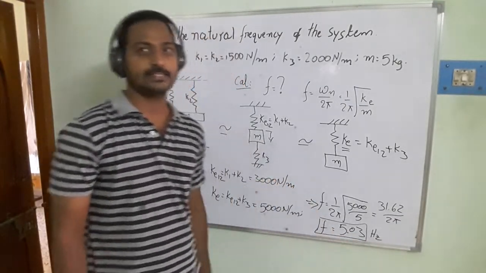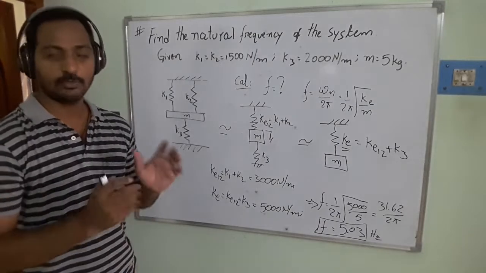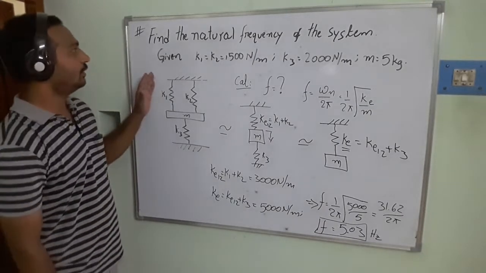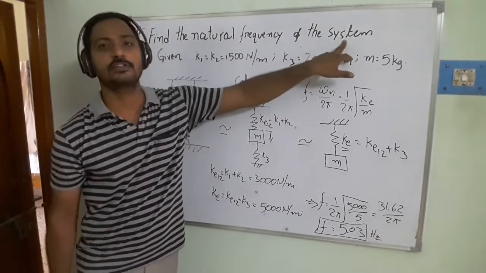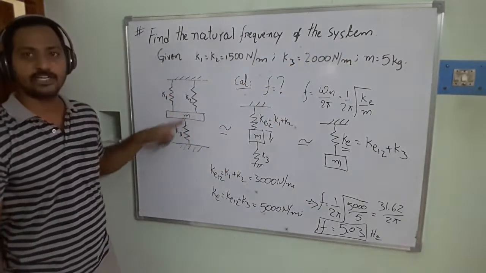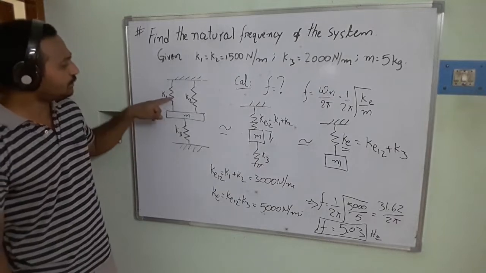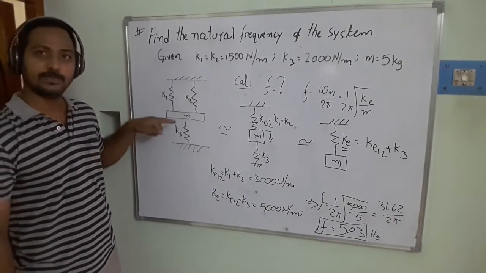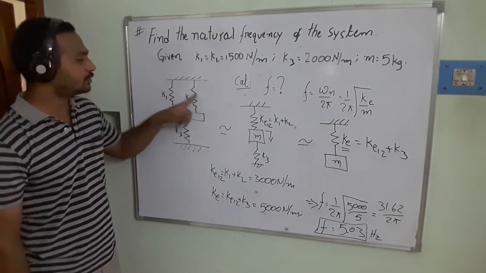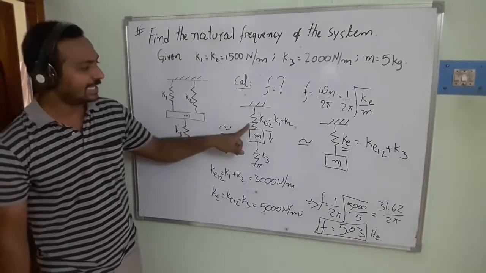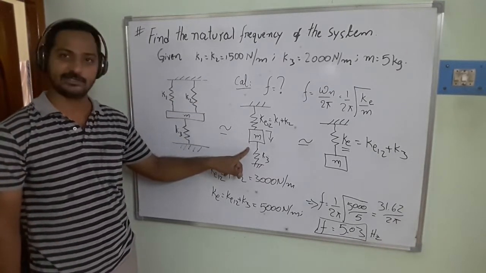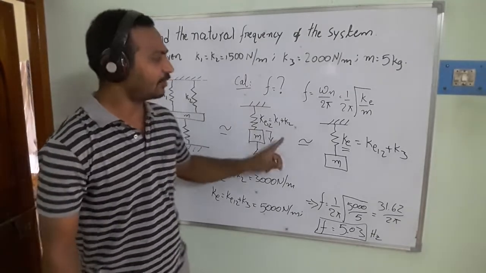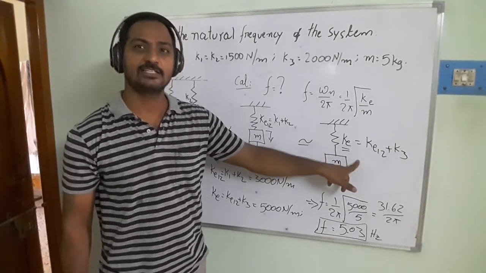Right? In this case, the summary of this problem is that we need to find out the natural frequency of the system. Then what kind of system is it? It is a combination of different springs. Two springs are above the mass and one spring is below it. These two are in the parallel condition, which I simplified into a two springs mass system. Then the two springs are converted into a single spring mass system.